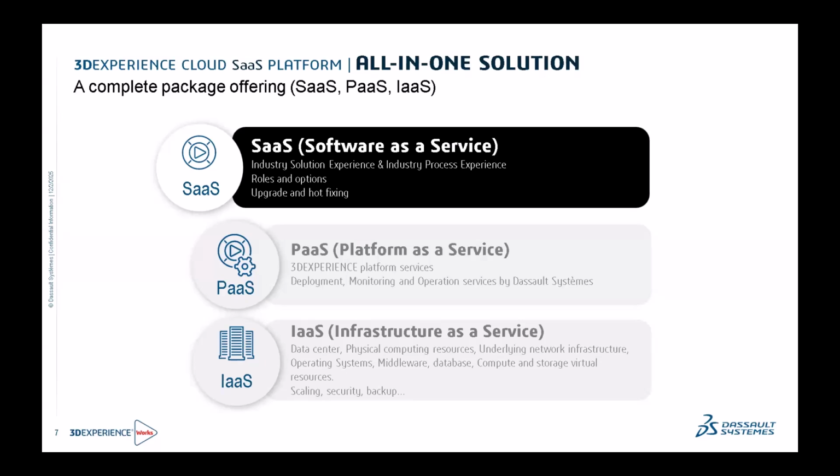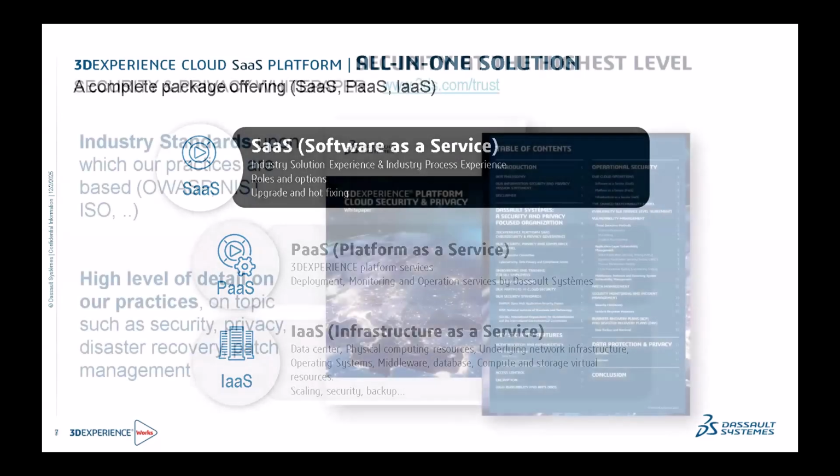All the rest is taken care of by Dassault Systèmes. And this is a great value because you reduce the cost of maintaining the hardware and integrating all the solutions, because we have a solution that is already integrated by design.